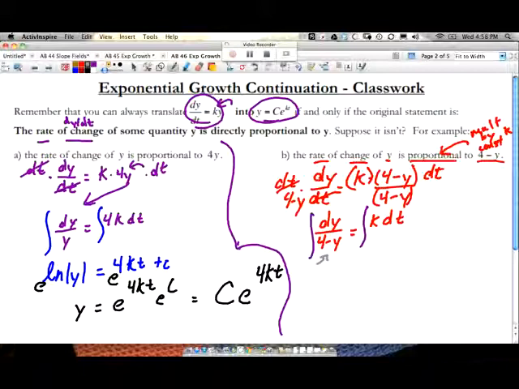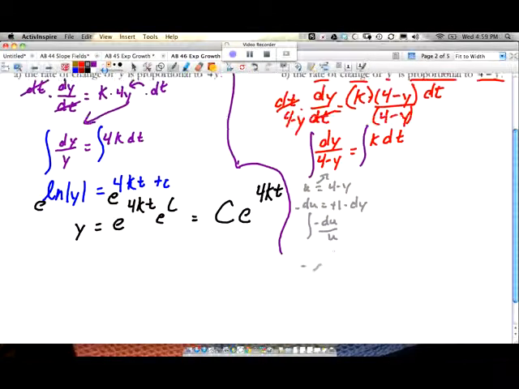Because we would need the derivative on top, that means we actually need a negative in there. So that's like saying u equals 4 minus y, du is going to be negative 1 times dy, but there's no negative 1 in there, so I have to multiply by the negative to make this positive. So I really need a negative. Taking the antiderivative of negative du over u gives me negative natural log of u, which in this case is 4 minus y.